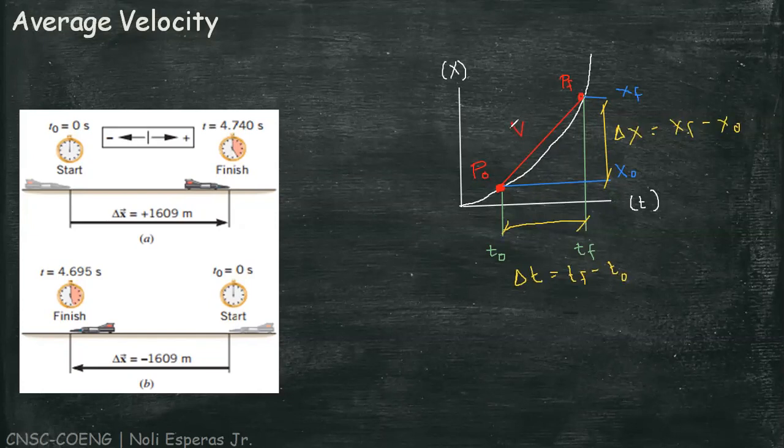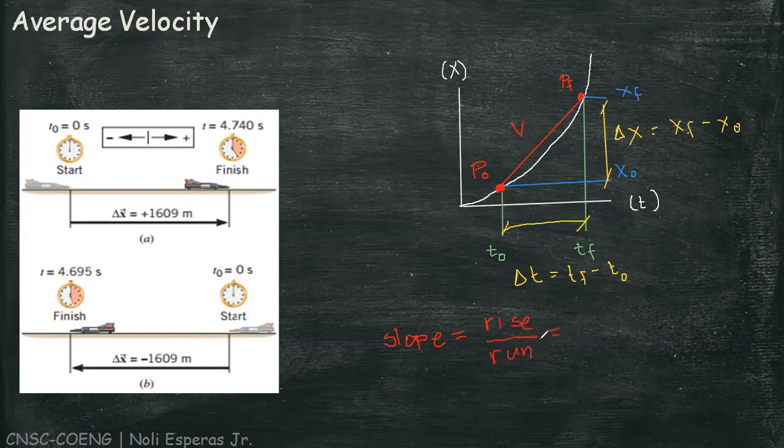So using this triangle, we can solve for velocity by finding its slope. Slope, as defined, is equal to rise over run.